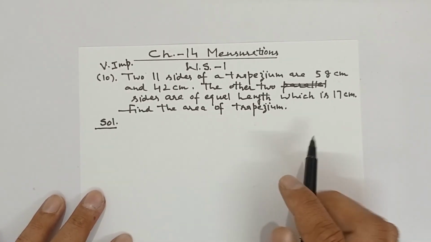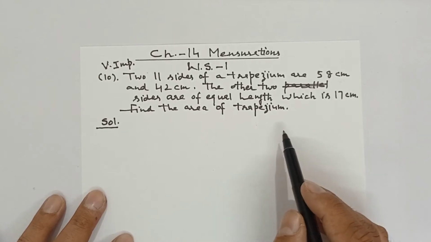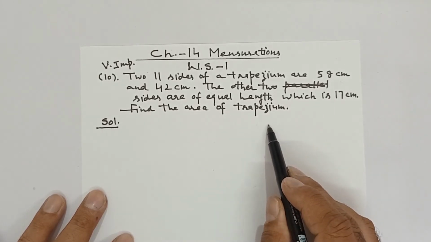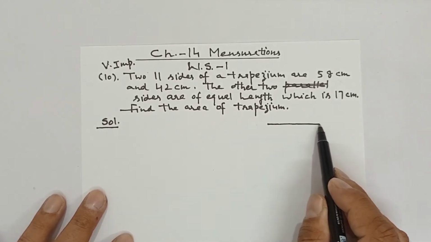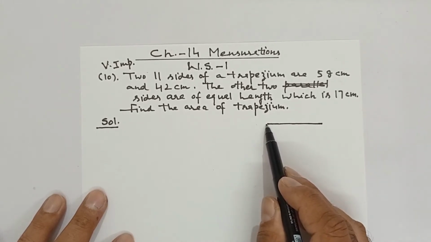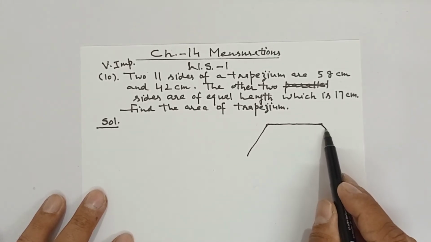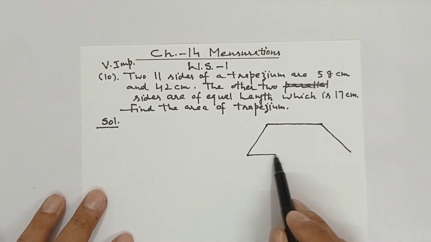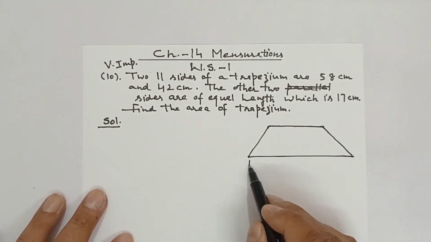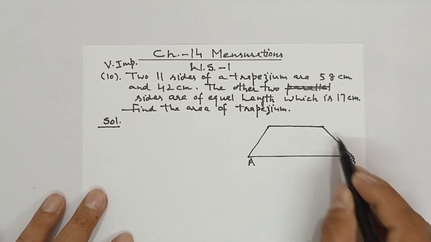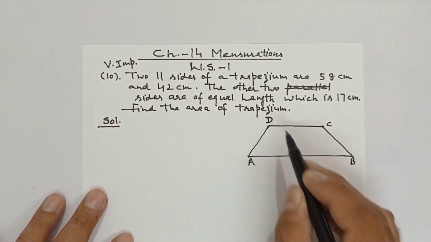Two parallel sides of a trapezium are 58 centimeter and 42 centimeter. So we will be constructing it. This way I am constructing the trapezium ABCD.